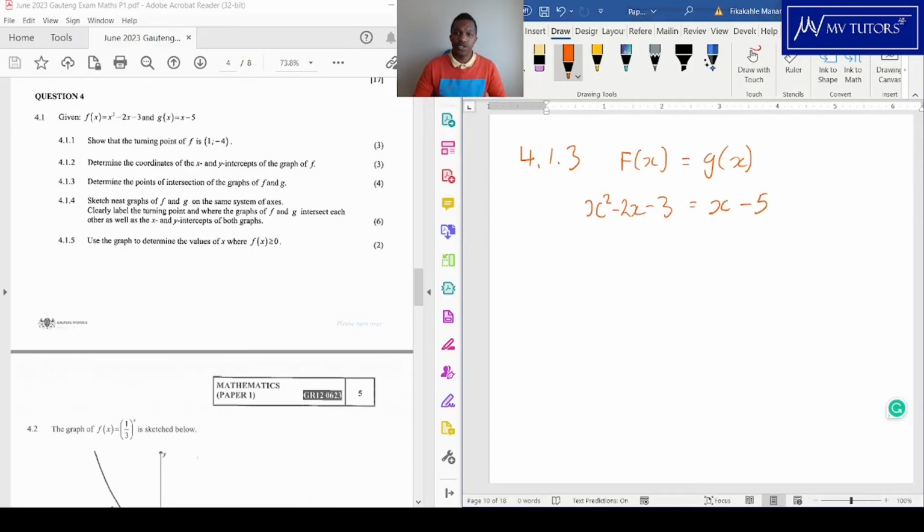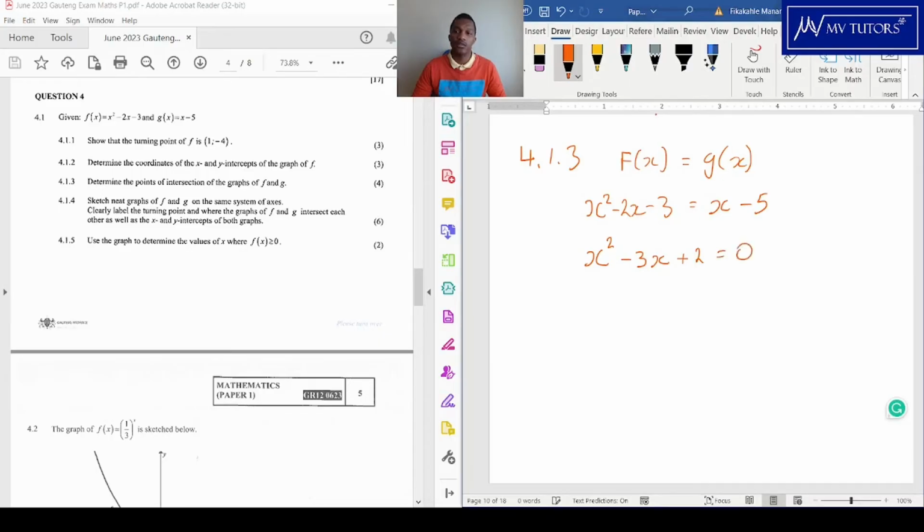So all I'm going to do is just some gymnastics. Put everything on one side so that x comes this side, it becomes minus x. So it's minus 2 minus 1, which is minus 3x. That minus 5 comes to the other side, it becomes a positive 5. So positive 5 and minus 3, that's plus 2.